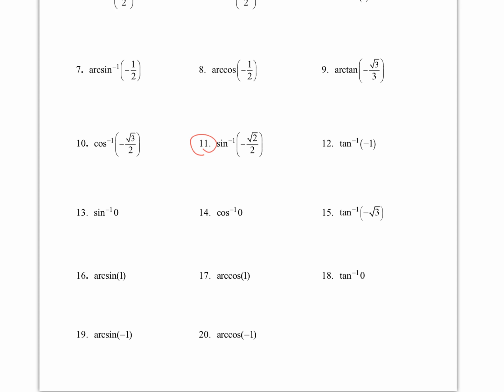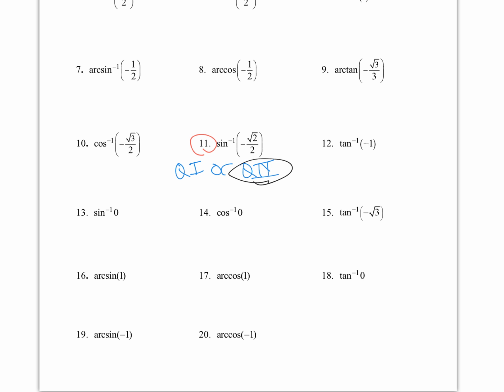And whenever you see an inverse, you gotta think about the quadrants. So sine inverse is regularly quadrant 1 or quadrant 4. Since it's inverse and it's a negative number, negative root 2 over 2, that means it's in the negative section for y, right? This is equal to y. So I'm in quadrant 4.